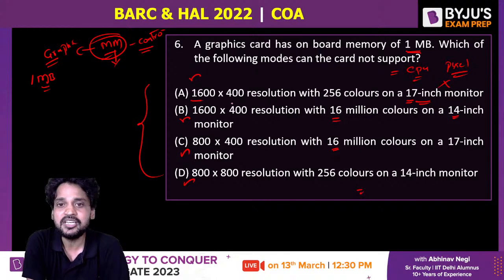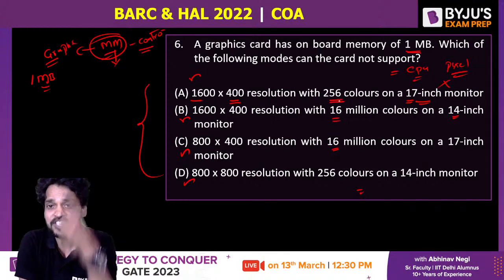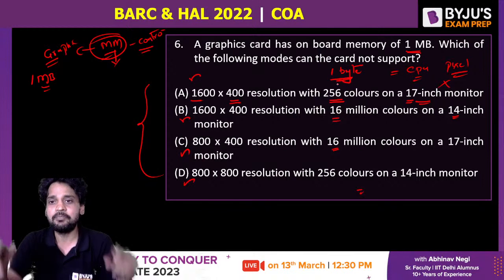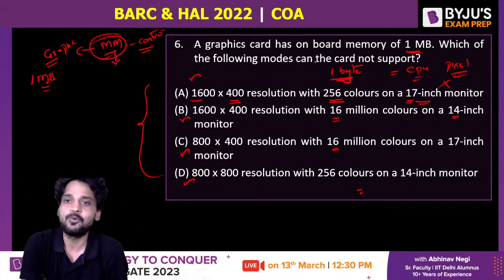Here, 1600 by 400 resolution for 256 colors. For 256 colors, I require 1 byte, meaning 8 bits. In order to represent all 256 colors in a color spectrum, I require 1 byte.